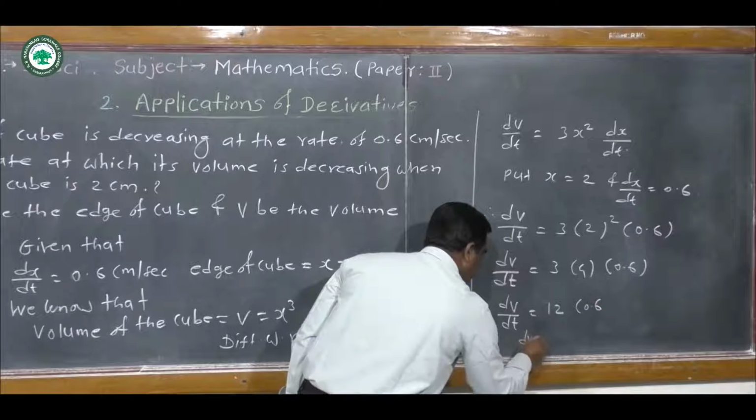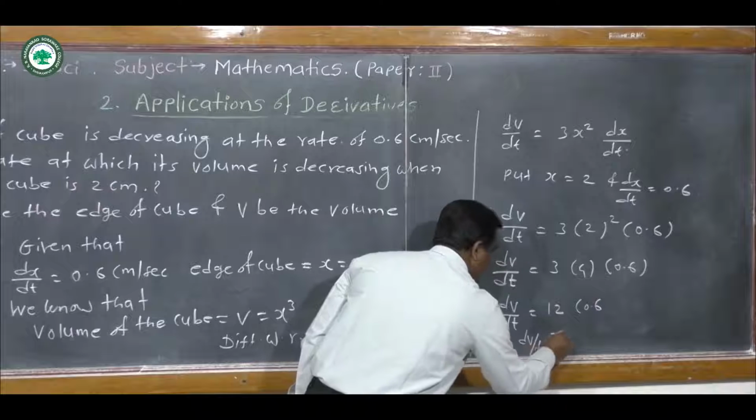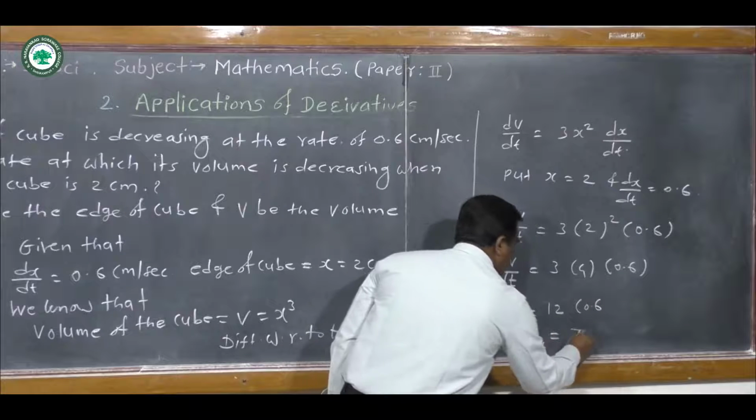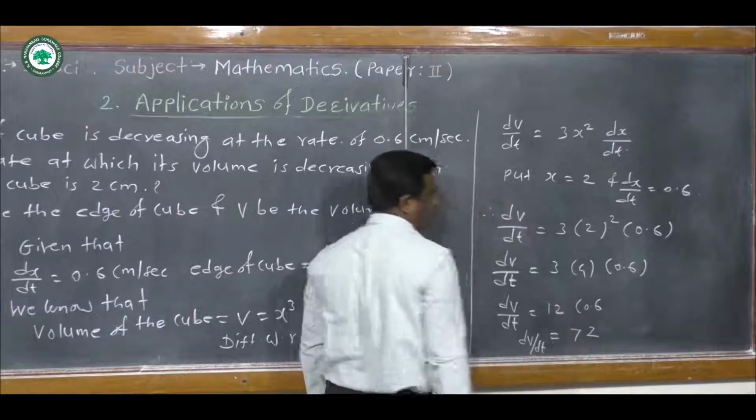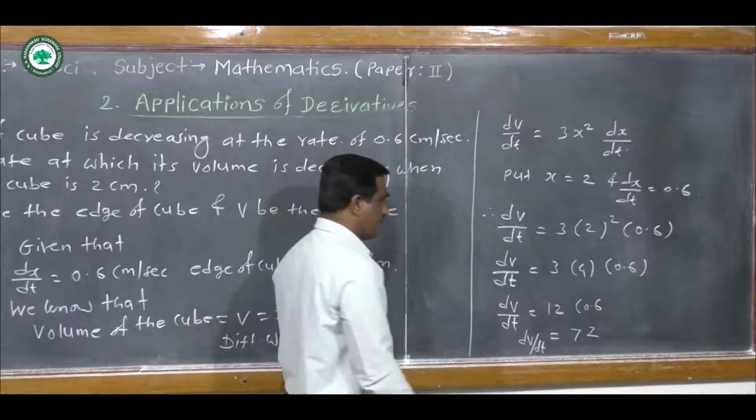Finally we get dV by dt is equal to 7.2.